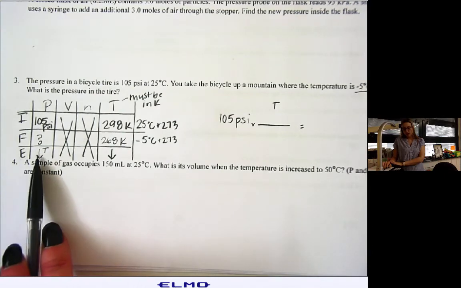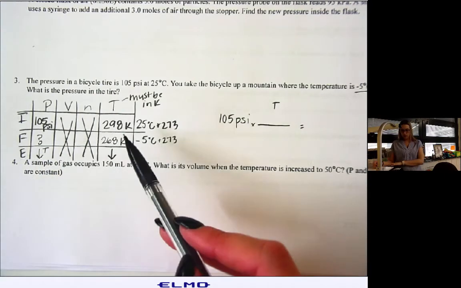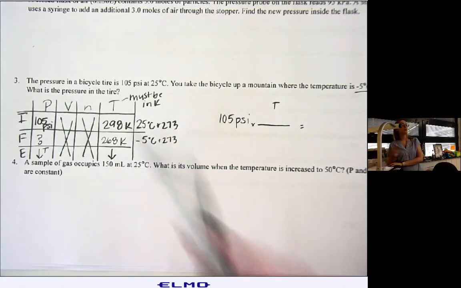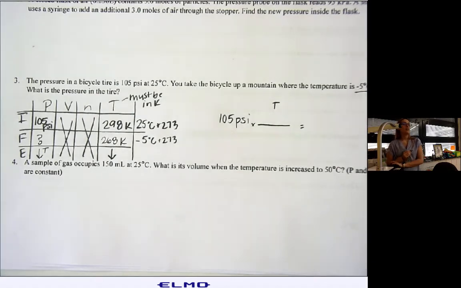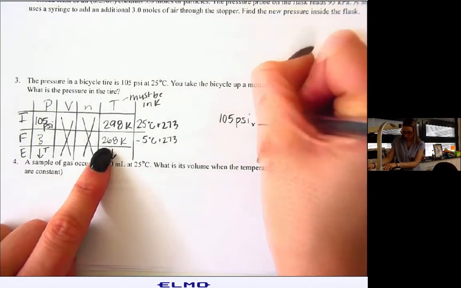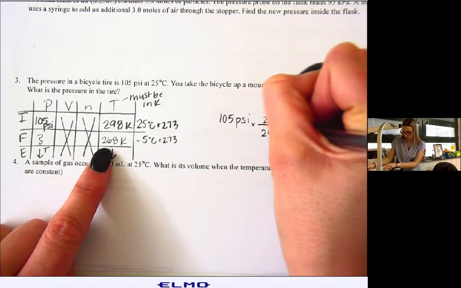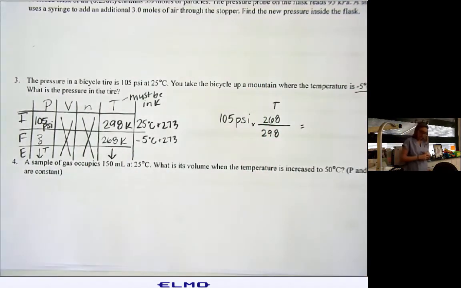If I want pressure to go down, my options are 298 over 268 or 268 over 298. If you want your number to decrease, you should multiply by a smaller fraction. To multiply by a smaller fraction, I'll do 268 over 298. Now, if you don't believe me, go the other way, and then you're like, uh-oh, my pressure went up. Then you know to flip that fraction.